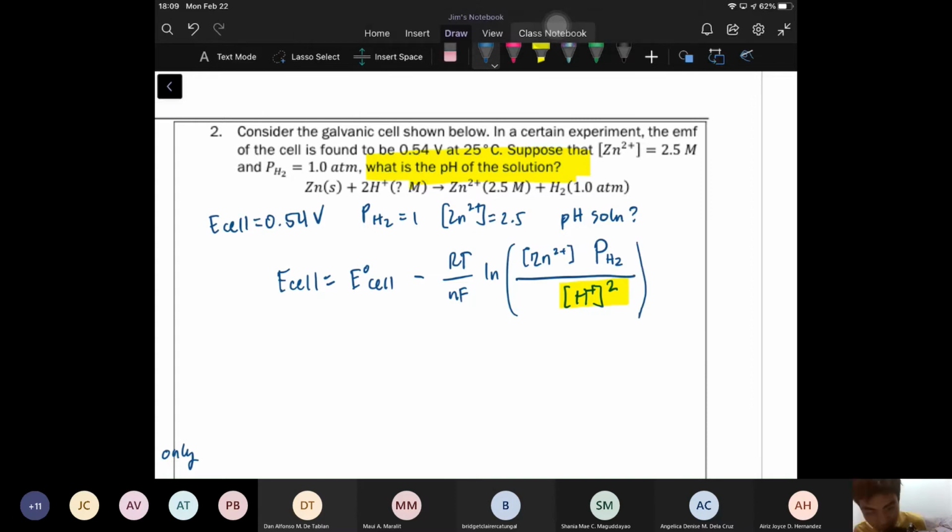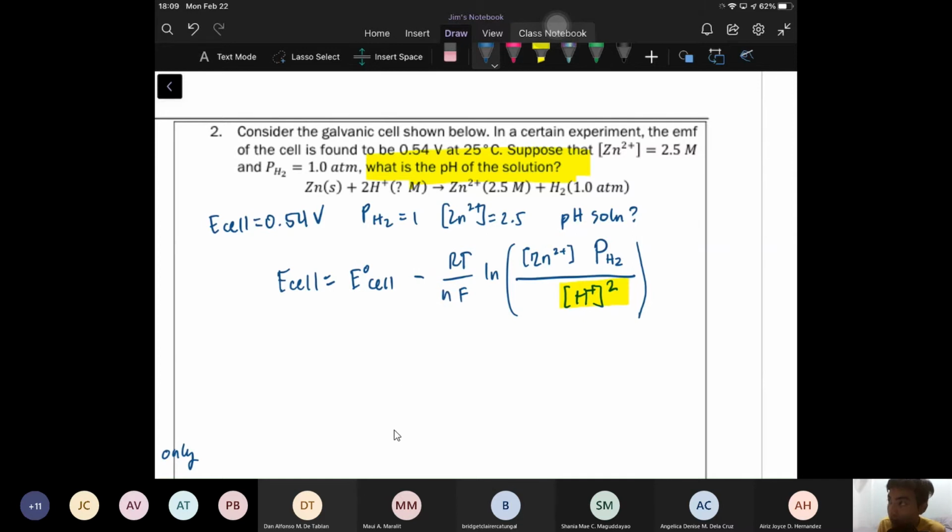Okay? So before tayo mag-exponential, let us simplify the equation first. Lahat ng katabi ng ln, ilipat sa kabilang side. Tawag ng classmate ko doon, evacuate daw. Evacuate natin yung E-cell, pati itong RT over NF, kabila din natin yan. So sige, gawin natin.